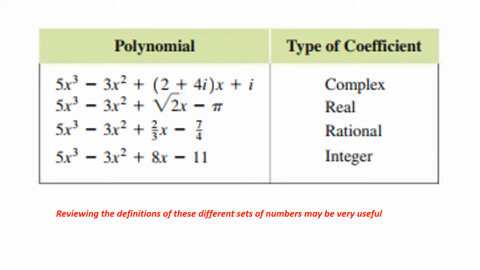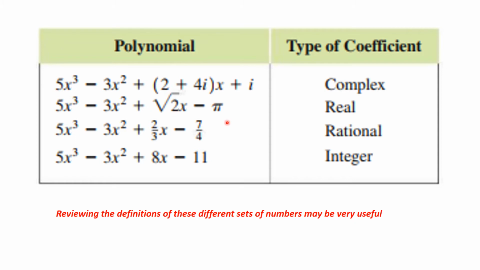Okay, so here are some examples, and the thing I really want to stress is many of the theorems in this section make substantial use of what type of coefficients there are. So here you have complex coefficients. You have i and 2 plus 4i in addition to 5 and minus 3. Now in this next one you just have real coefficients, but they are in a couple cases irrational.